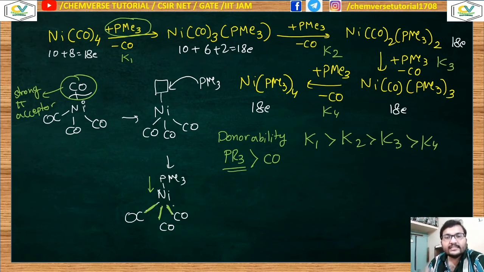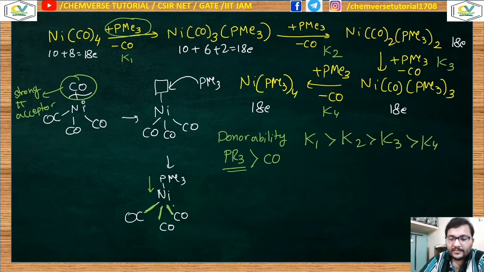Now as we increase the substitution, more and more electron density will arise over the nickel center, and as a result, the bond breaking, that means the dissociation of carbonyl, will become less facile, and that is why the rate constant is lowered for further substitution.